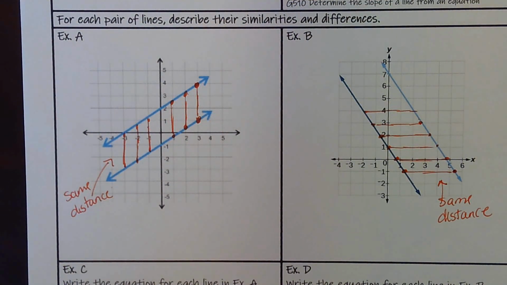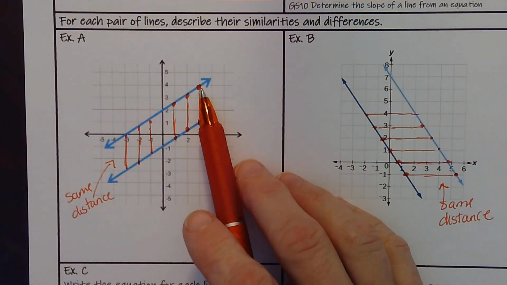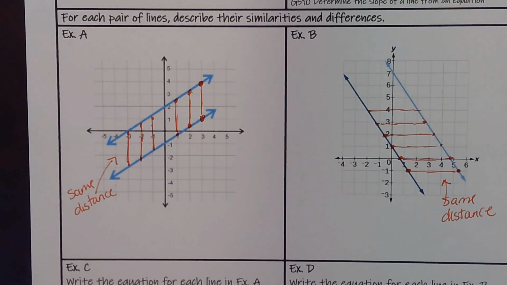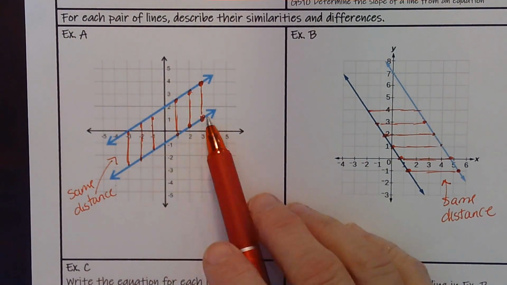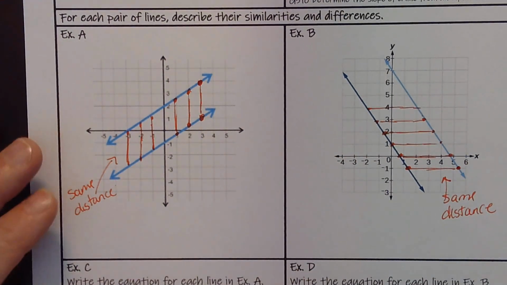So because these distances are the same, that means that these lines are never going to intersect. And so parallel lines are lines that never intersect. And I want us to realize what about it mathematically indicates that these lines are parallel.